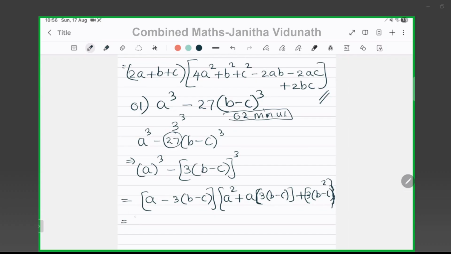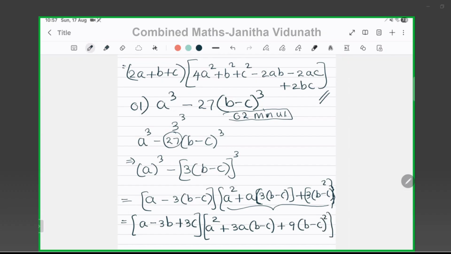Then here we have a minus 3b plus 3c, and we can simplify this bracket as a square plus 3a times b minus c plus 9 times b minus c whole square.